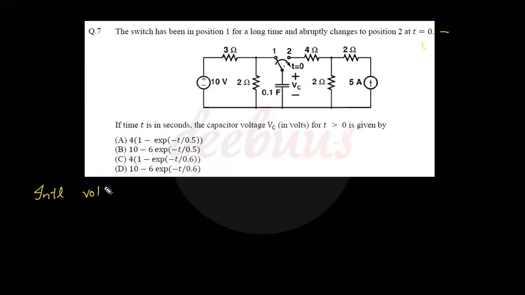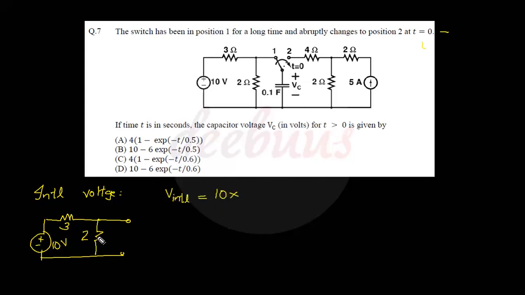I am drawing the initial steady state circuit, 10 volt, 3 ohm. As steady state is attained, the capacitor becomes open circuit. So the initial voltage equals 10 into 2 ohm divided by the total resistance 2 plus 3, 5. So the answer is 4 volt. 4 volt is the initial voltage.